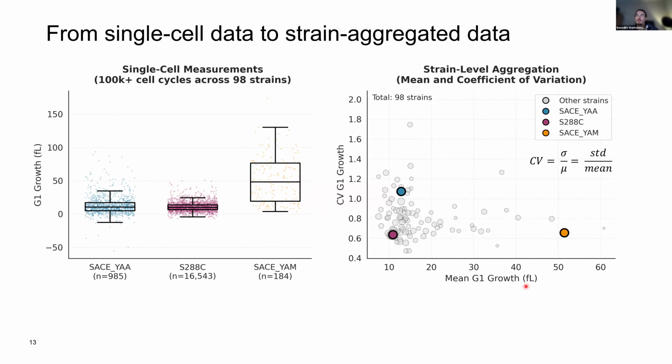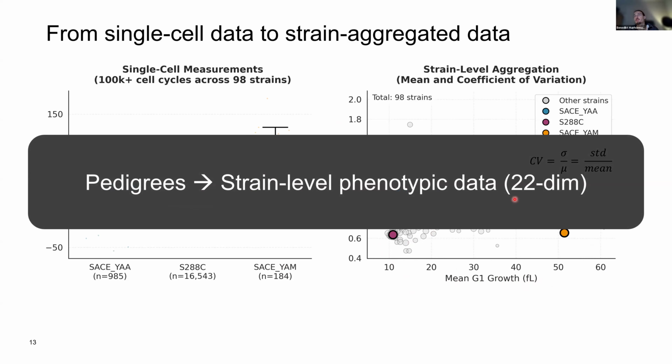Just to give you an example, of course, we do this for all the features, which leaves us with 22 phenotypes. So now we have the 11 single cell phenotypes, and by strain aggregation, we get double this number, taking mean and coefficient of variation of each. And this data is now better to work with the available data that we have, with the RNA-seq data, with the mass spec data set, and also with the data from DNA sequencing.